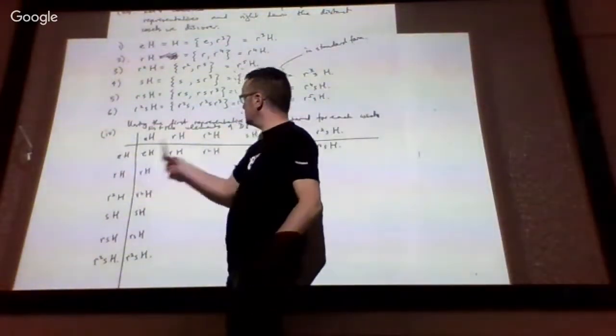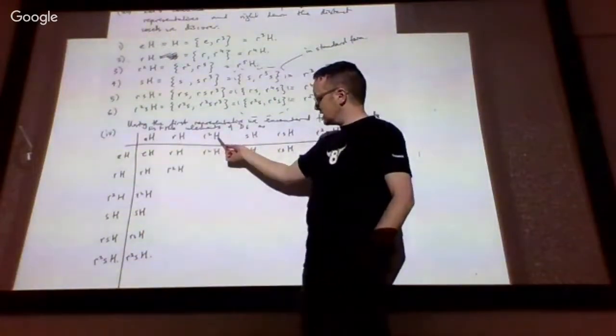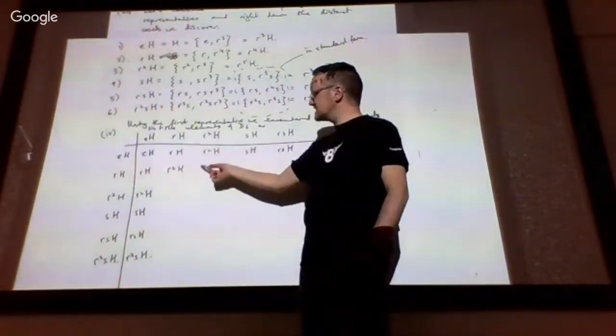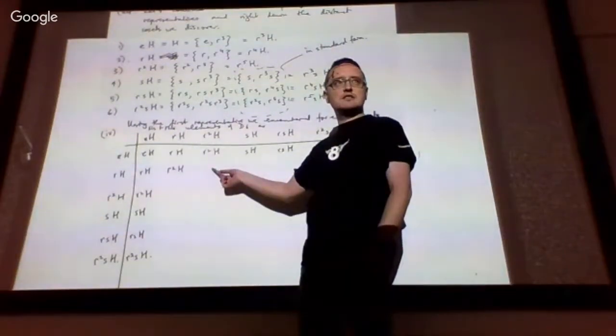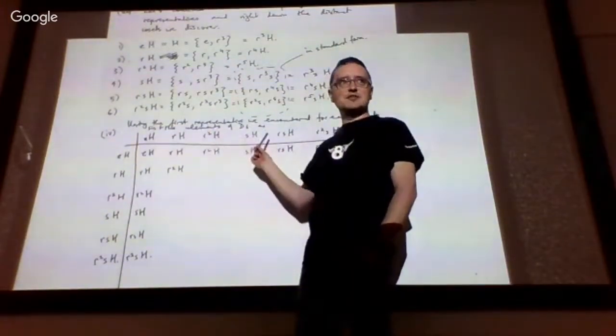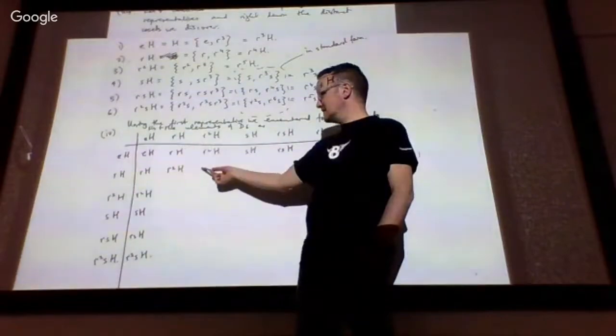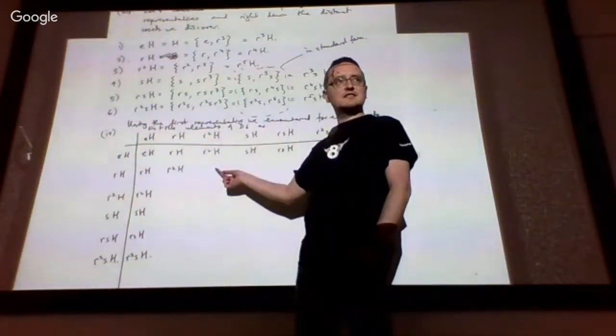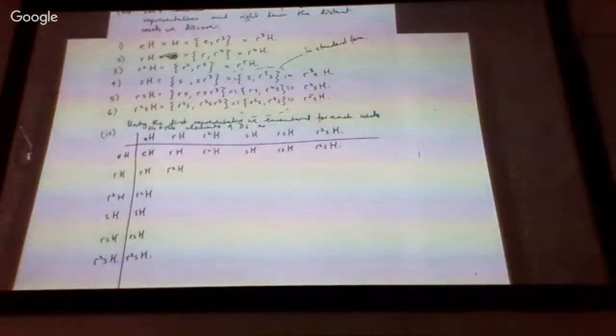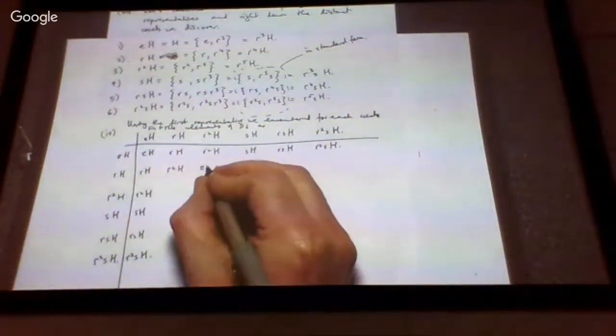So RH, that one times that one, by R squared H. My first instinct is to write down R cubed H, but I don't because that's not one of the names in use. So it's EH again. Remember, R cubed is the identity. So this is EH.